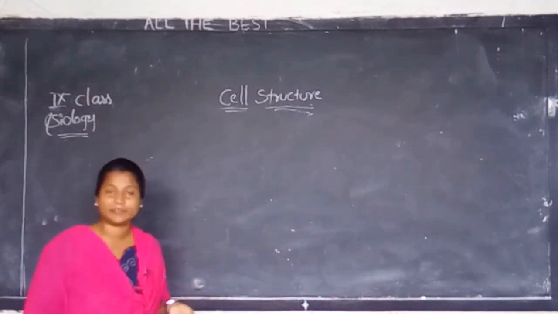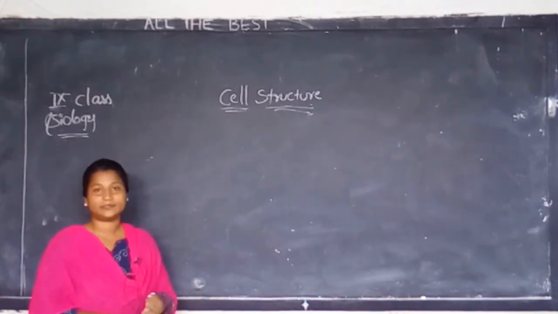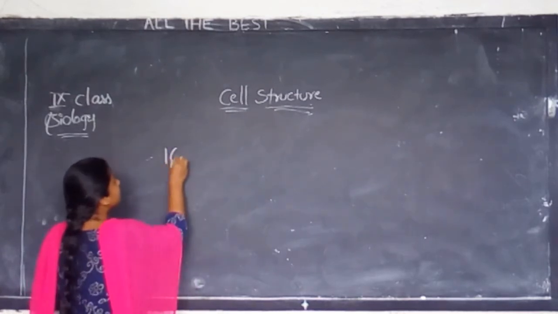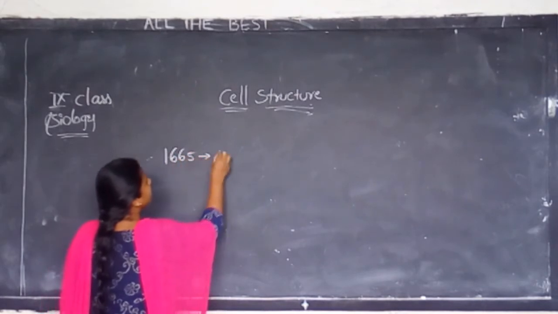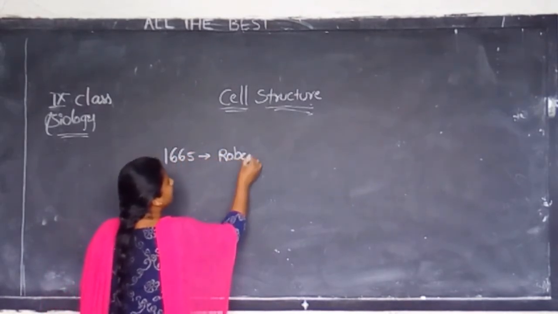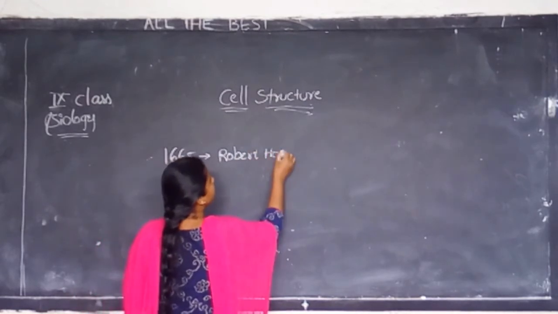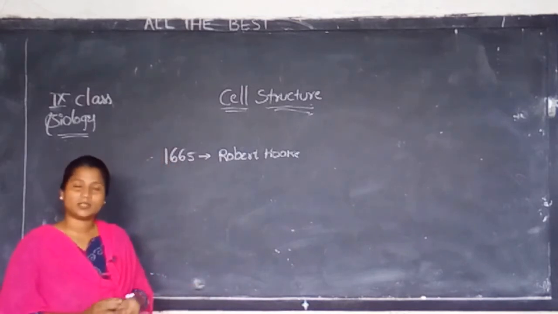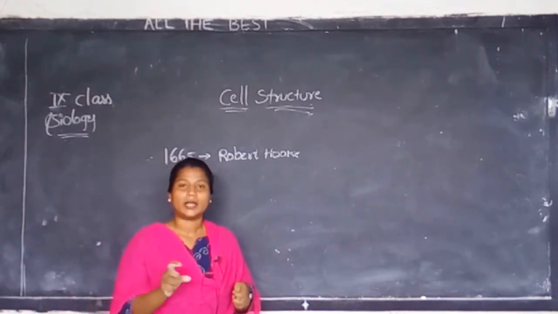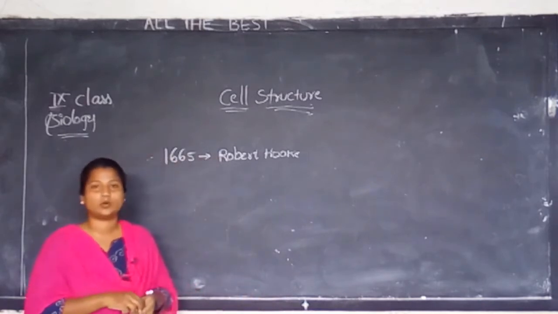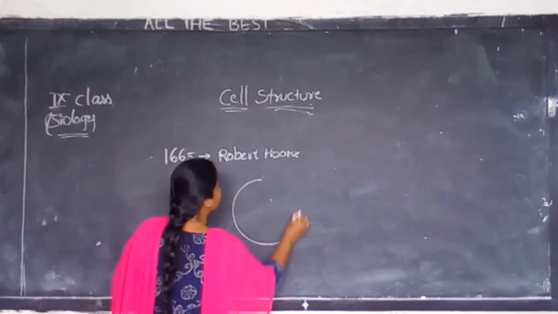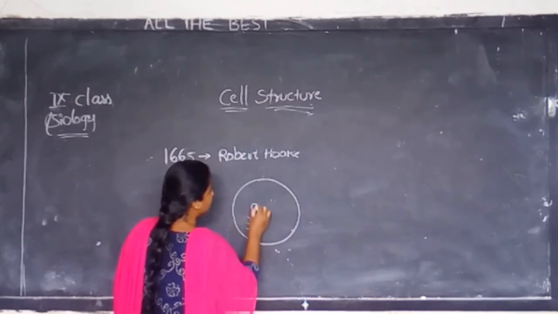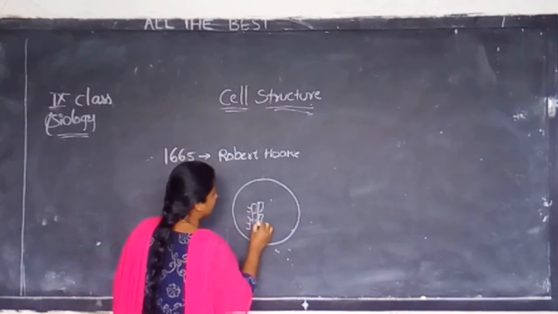In 1665, Robert Hooke was the first person who observed the cell. Okay? In 1665, Robert Hooke. He observed cork tissue under his self-made microscope. He observed box-like structures.